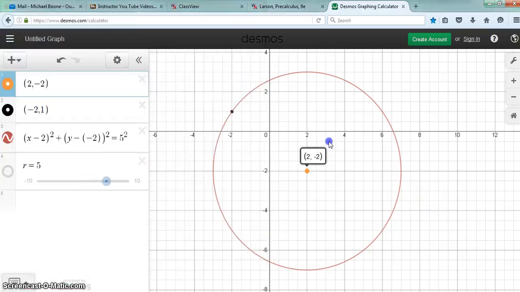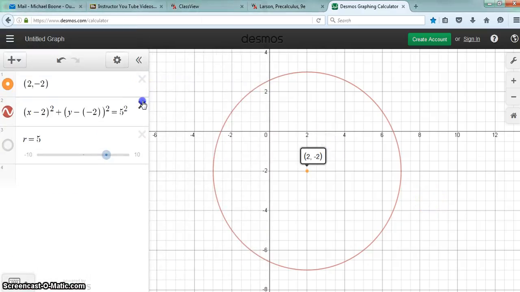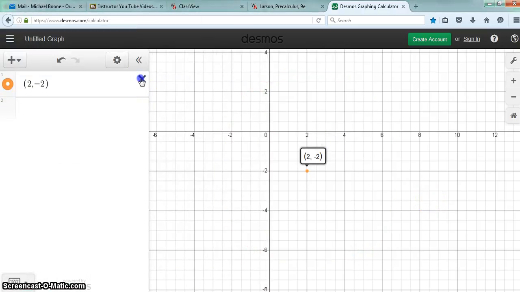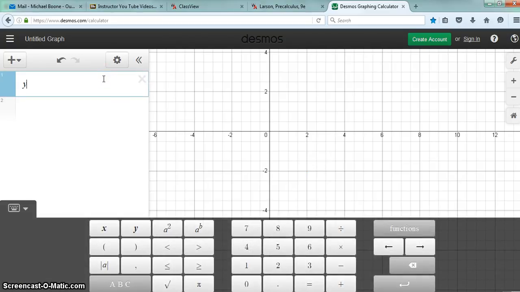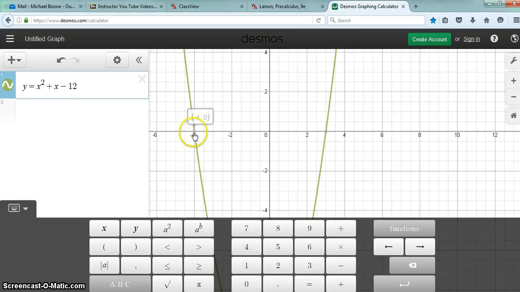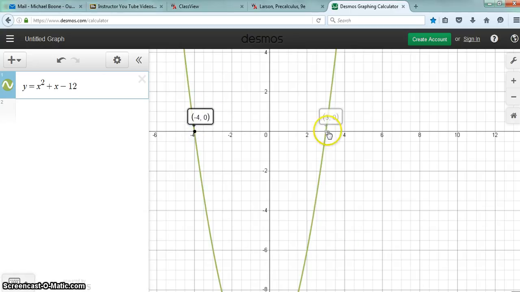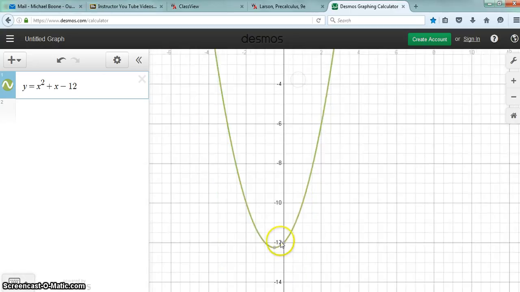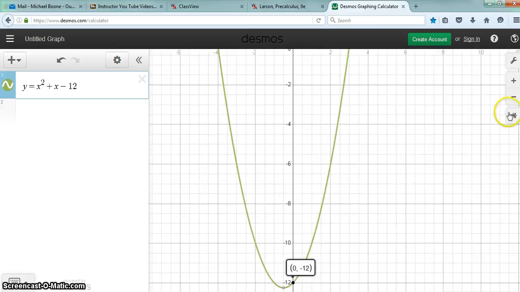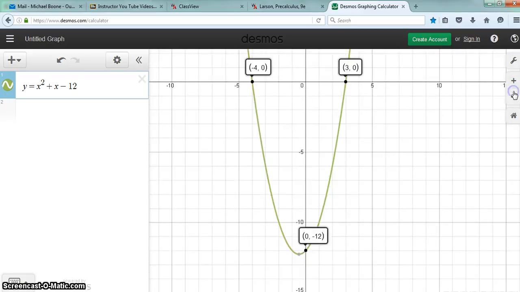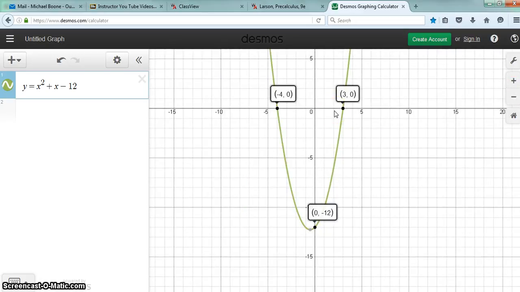And so, again, one of the great benefits of using Desmos is it's real easy to get these answers. There's our x-intercepts, and there's my y-intercept. And we get a nice quick picture of the graph. Nice parabola shape with those intercepts.